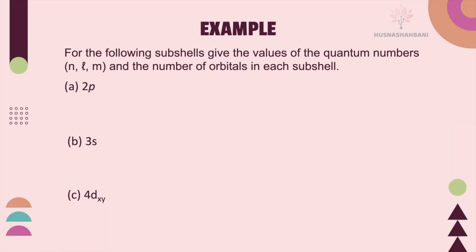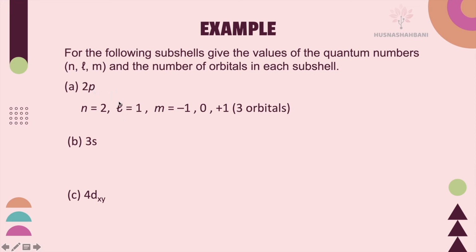For the following subshells, 2p, 3s, 4dxy, give the values of the quantum numbers. The quantum numbers that we've learned so far are n, l, m, and the number of orbitals in each subshell. So for 2p, the n value is 2, and the l value is equal to 1 because it's p.